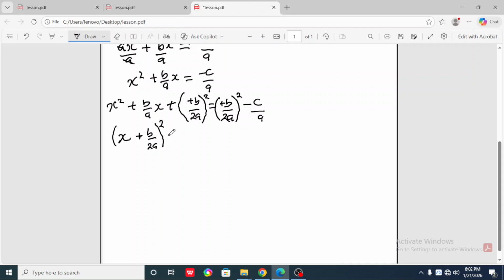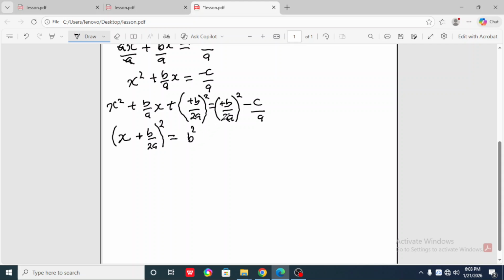Okay, so we now have equal to, so this one represents everything now, equal to b squared. This square is affecting both numerator and denominator. So let me square the numerator. Plus b squared is the same thing as plus b times plus b. Plus times plus is plus, then b squared.